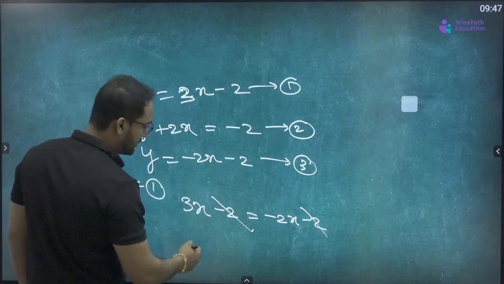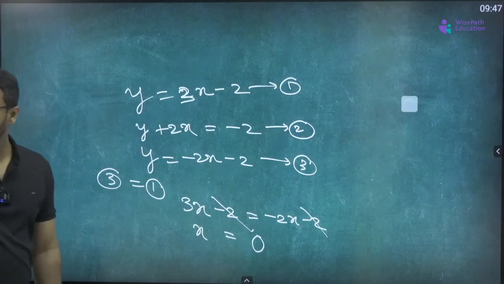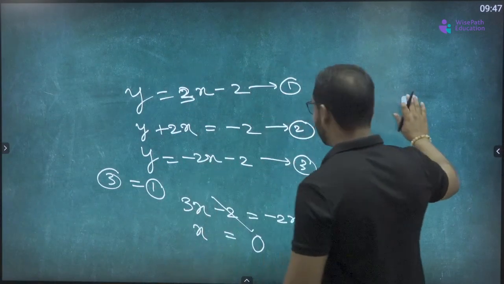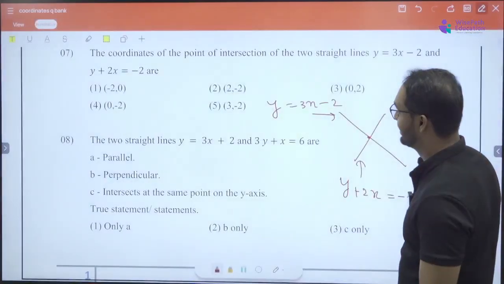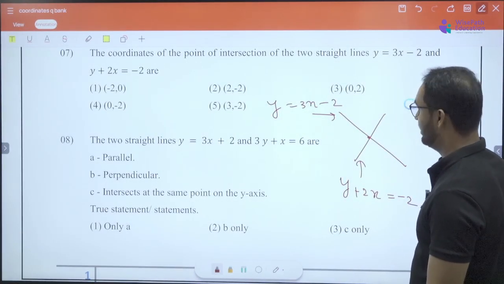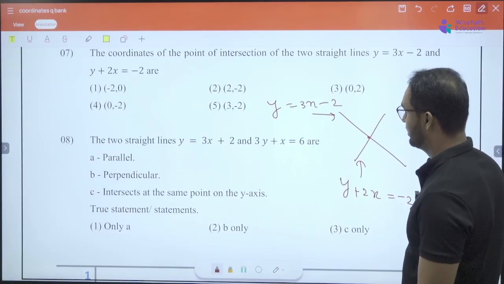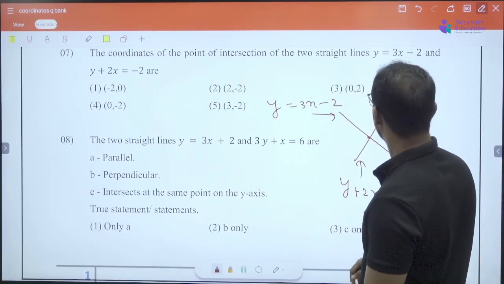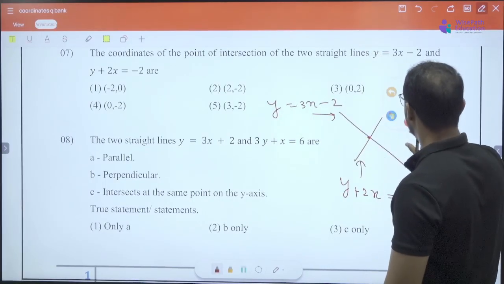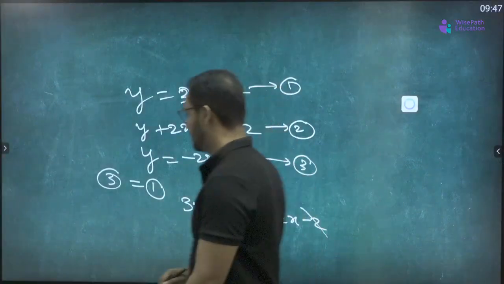Anyways, the x is 0 here, it doesn't matter, right? Again, y plus 2x equals minus 2. Come on, x is 0, no? We take it that way.